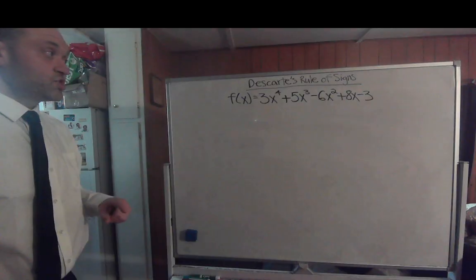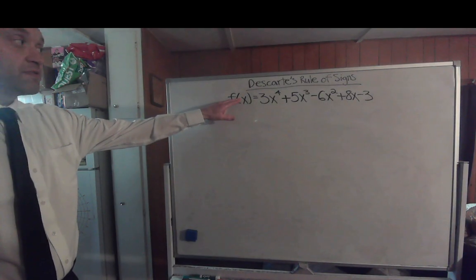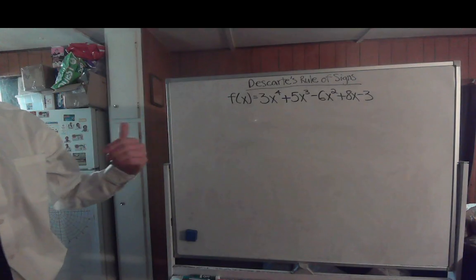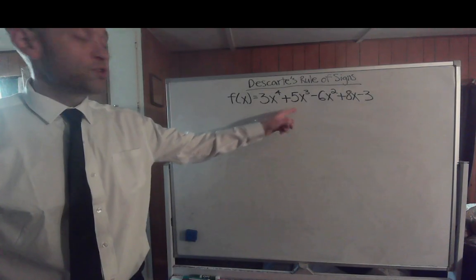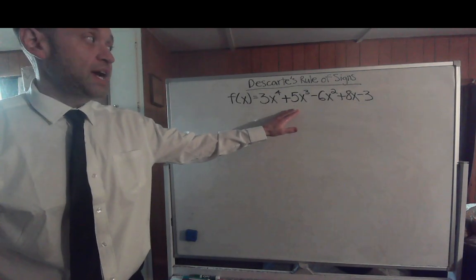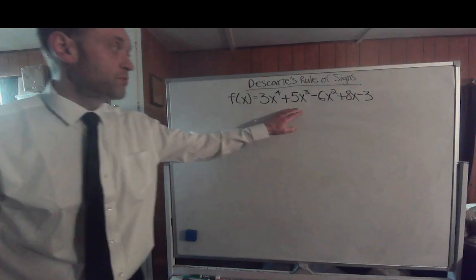So let's look at each term. Since we're just starting with f of x, we're going for the positive real zeros. Between 3x to the fourth and 5x to the third, both these terms are positive, so you have no sign change here.